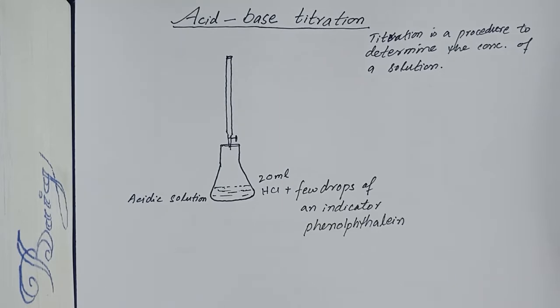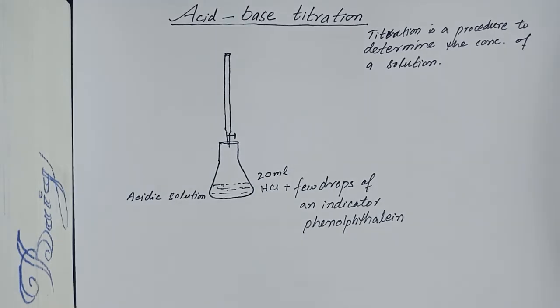So let's add a few drops of phenolphthalein, which acts as an acid-base indicator. It shows a colorless solution when the solution is acidic, and it turns pink when the solution turns basic. So in this conical flask we have a solution of an acid, that is HCl, and a few drops of an indicator, and this solution is initially colorless.